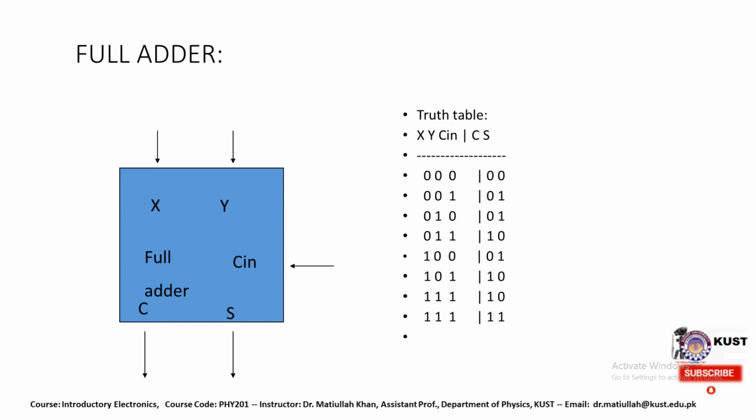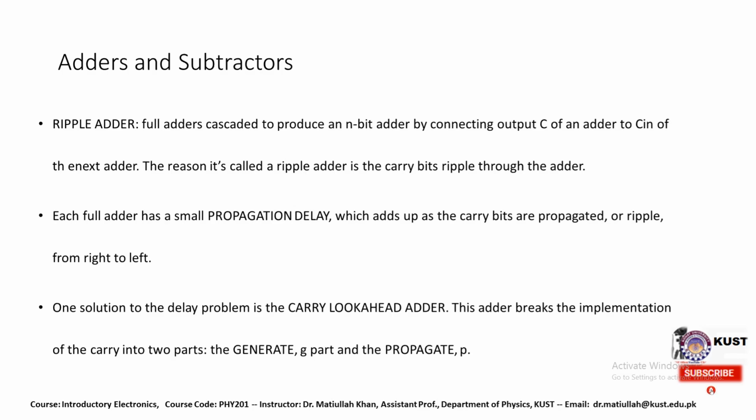The truth table basically describes all the possible inputs and outputs that could be used with the help of the full adder as well as the half adder. So we have a separate truth table for the half adder and a separate truth table for the full adder.